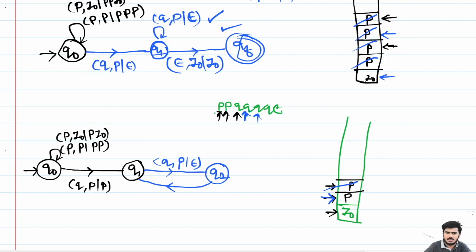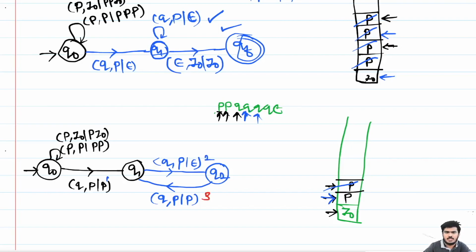So the transition becomes: for this Q, the top of the stack is P, I will not do any operation, I will leave that P as it is in the stack. So this is the first occurrence of Q, this is the second, and this is the third occurrence of Q. Okay.